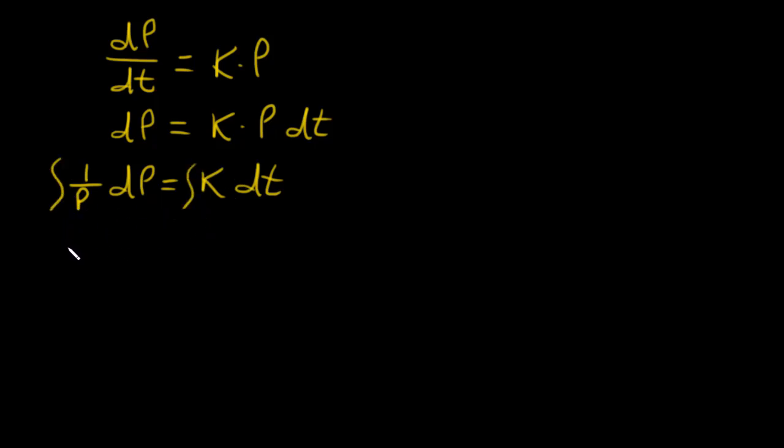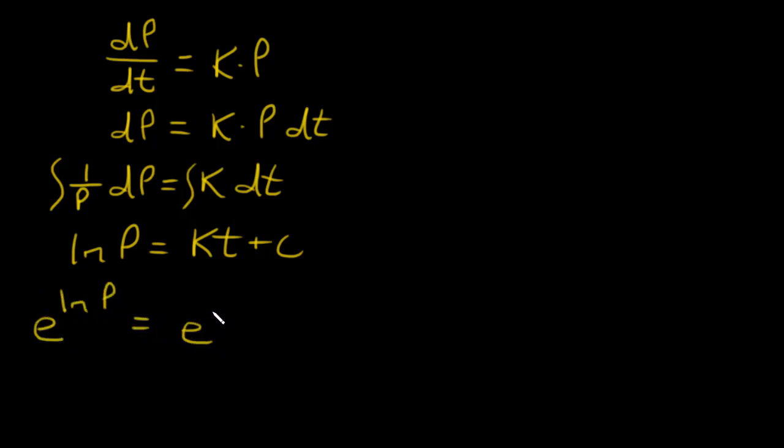And if I do that, I'm going to wind up with the natural log of P is equal to kt plus C. And now I will apply the exponential. When I do that, I'm going to wind up with the exponential of the natural log of P on the left, and the exponential of kt plus C on the right.